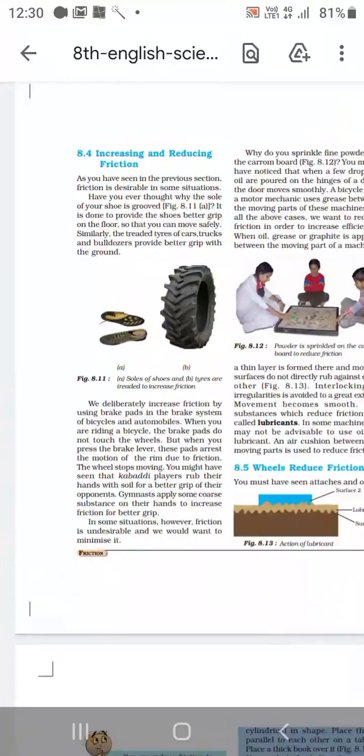Have you ever thought why the sole of a shoe is grooved? It is done to provide shoes a better grip on the floor so that you can move safely.